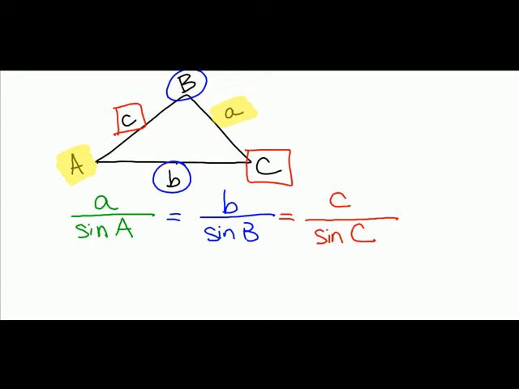Okay? Doesn't matter what pairs of angles and sides you look at, those fractions where the side is divided by the sine of its opposite angle, that's going to be equal for any pairs in any triangle that you try to do that for. Okay? This is what's called law of sines.